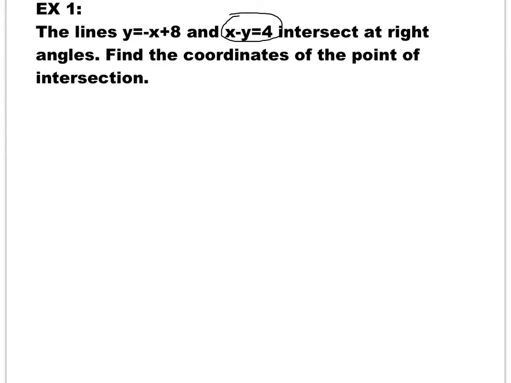So the first equation is y equals negative x plus 8. The second equation, I'm going to take negative y to the right, change the sign, and 4 to the left. So I'm going to get y is equal to x minus 4.